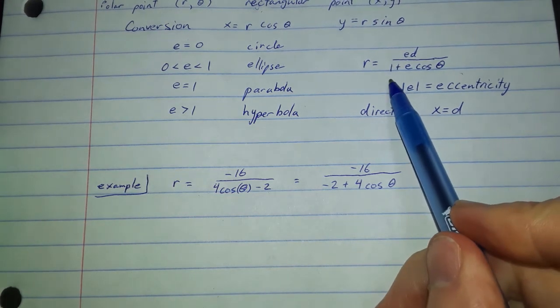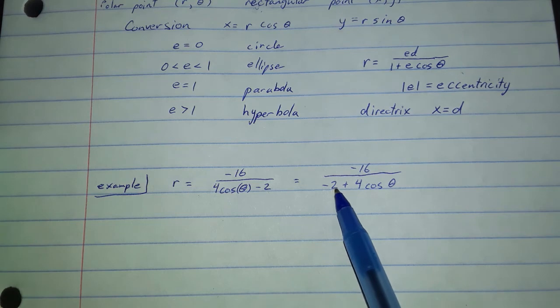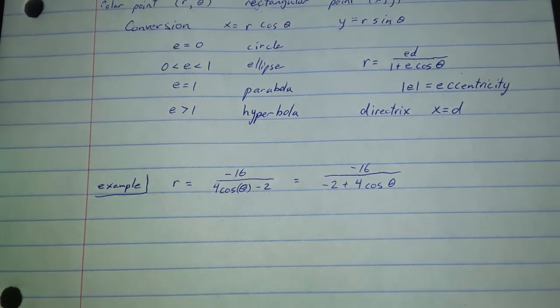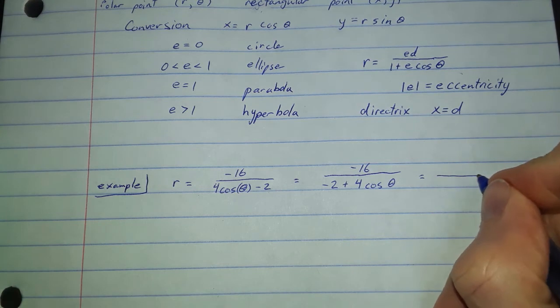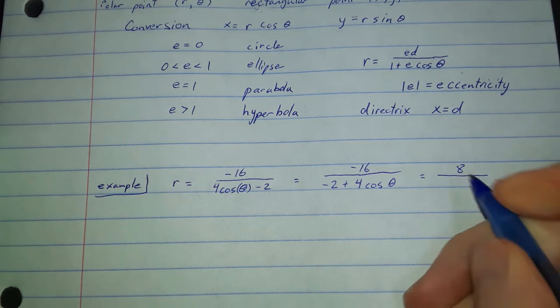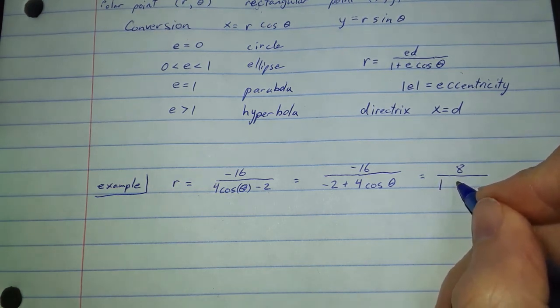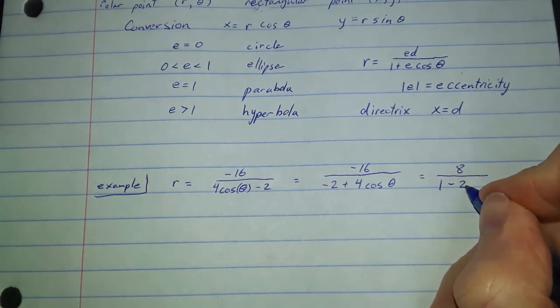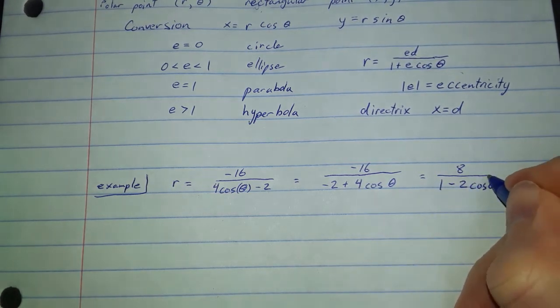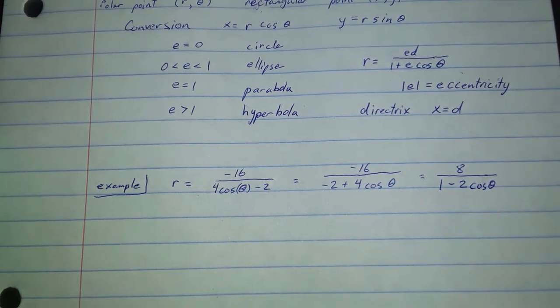So now in the standard form I have a 1 here. I want to divide everything by -2. -2 divided by -2 gives me 1, and so if I divide here I have to divide this term and this term also. So -16 divided by -2 will give me 8. -2 divided by -2 is +1, and then 4 divided by -2 is -2. So this is equivalent to this, which is equivalent to this. I'm just using some algebra to change the form.